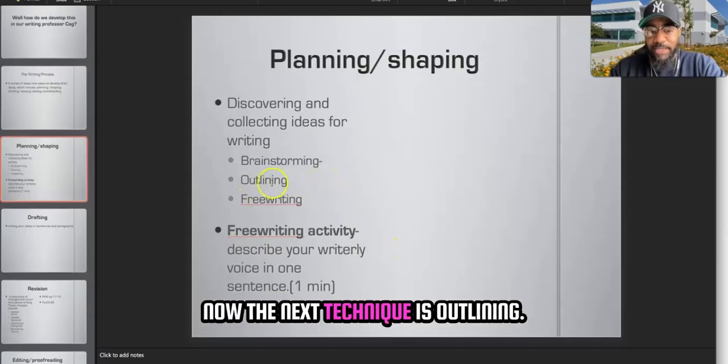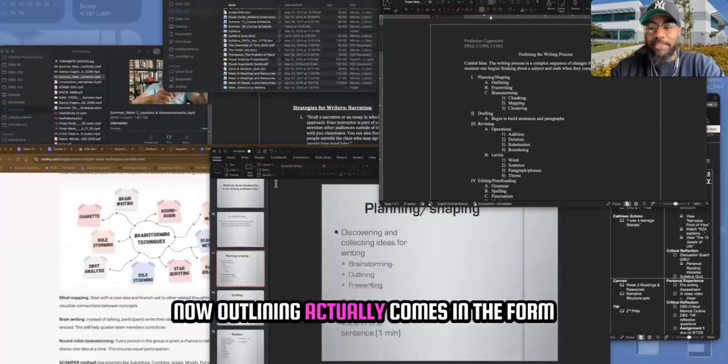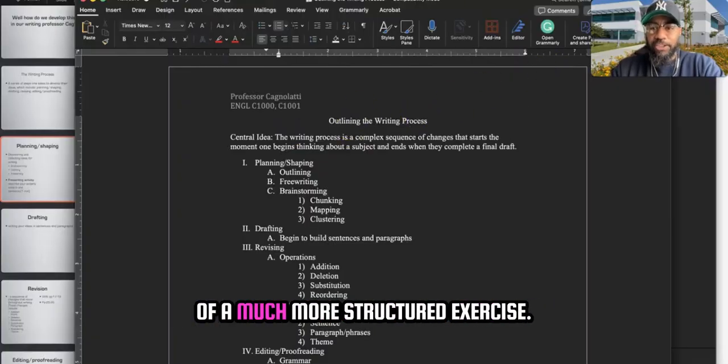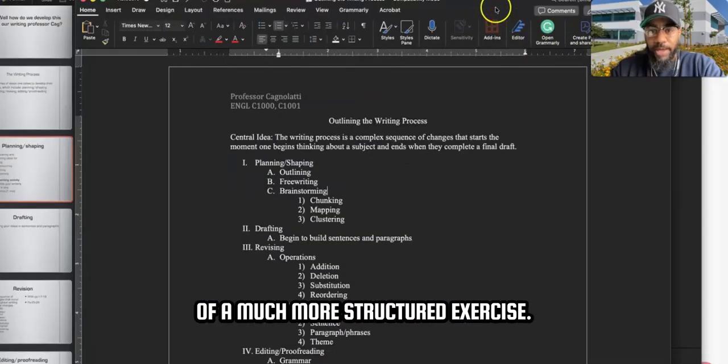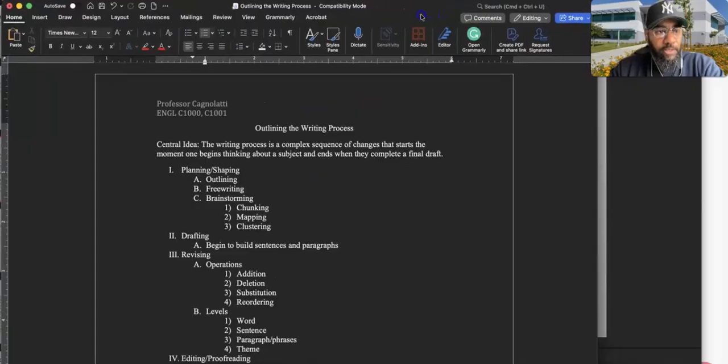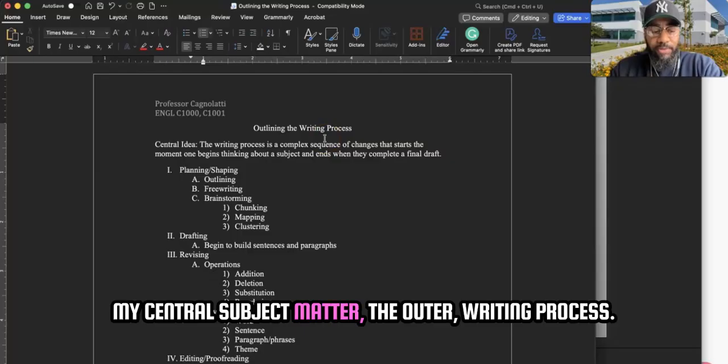Now, the next technique is outlining. Outlining comes in the form of a much more structured exercise. When it comes to outlining, I'm going to use as my model, my central subject matter, the writing process.